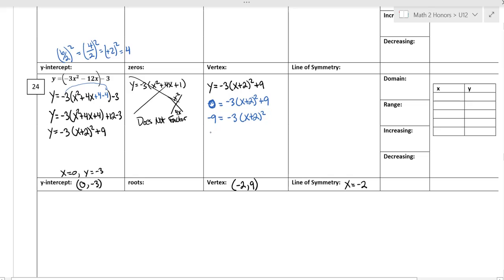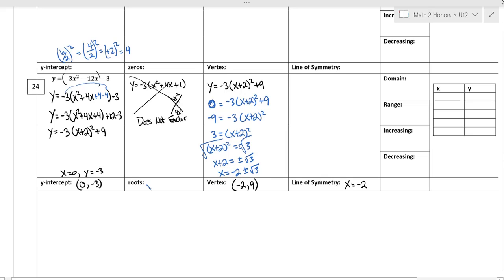Divide by negative 3. And we got it by itself. I'm going to switch sides. Take the square root of both sides. Don't forget the plus or minus. And we get x plus 2 is this positive and negative square root of 3. And so x is negative 2 plus or minus the square root of 3.